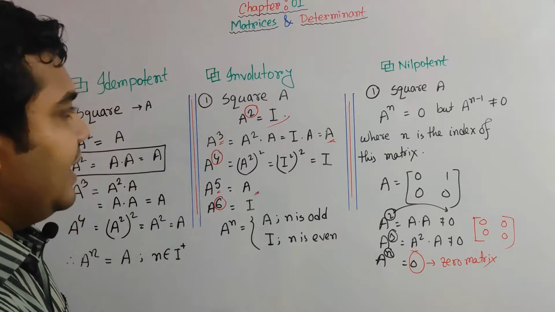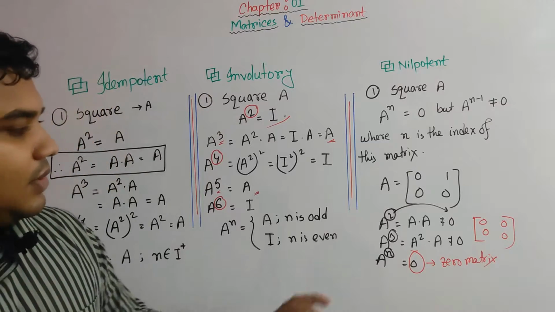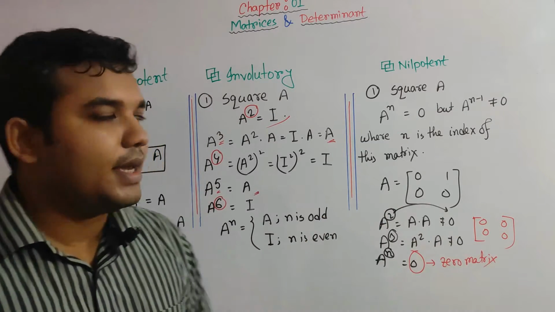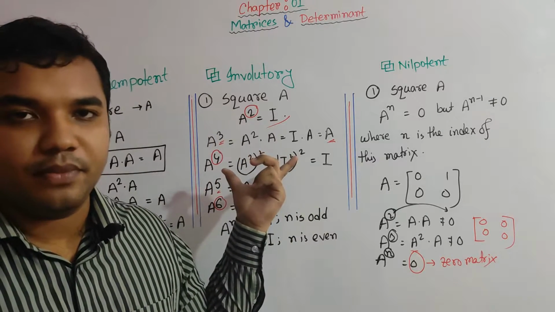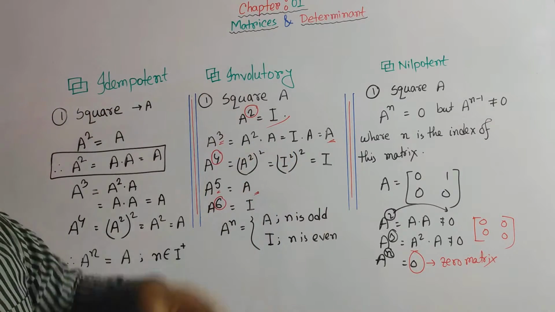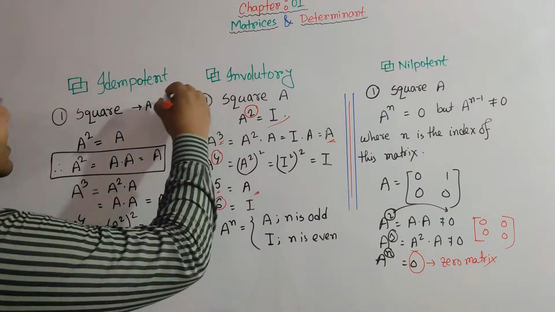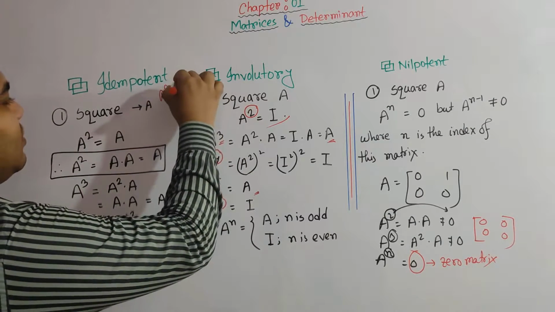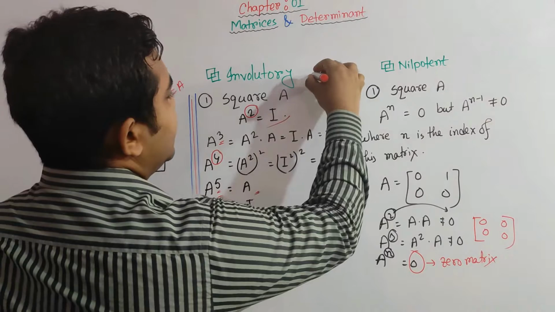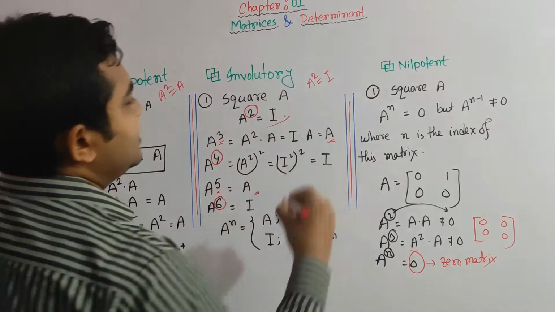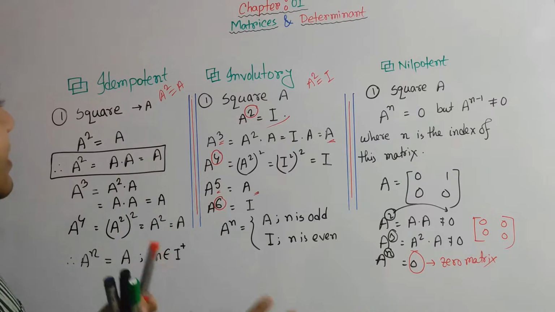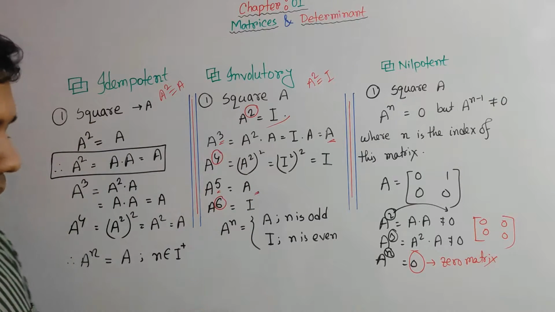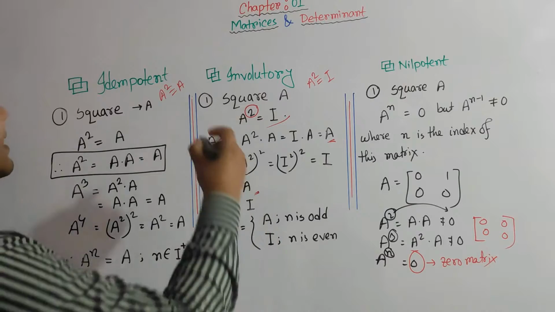Okay, and one thing I wanted to show you is how we can memorize or distinguish these two matrices, because these two are very similar. For this matrix A square equals A, but for this matrix A square equals I. We can distinguish these matrices by a formula, that is ID.